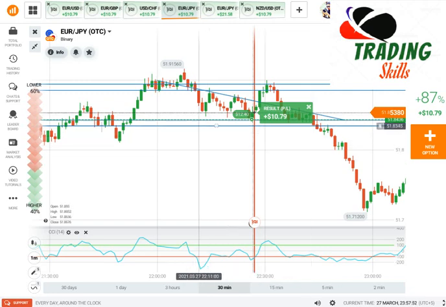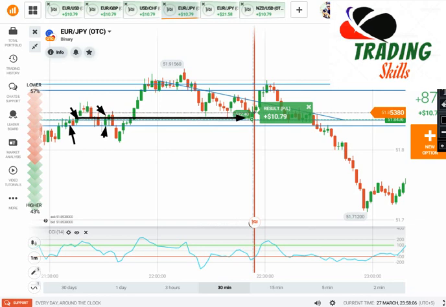Because of this SNR, you can see support, resistance, resistance, support. Because of this level I took my trade, because this is a complete SNR. The market is respecting this zone, so I took my trade here.